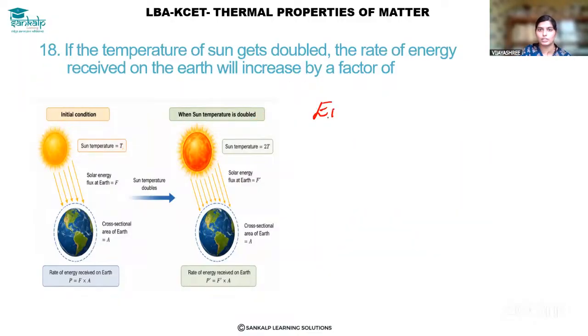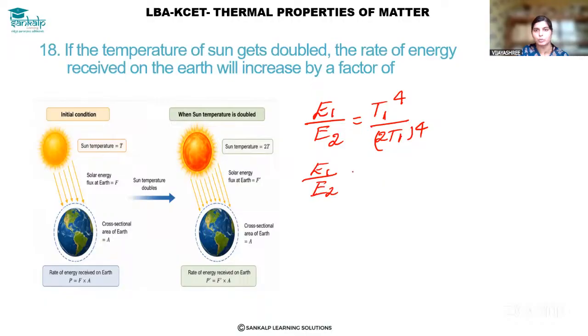Therefore, E1 divided by E2 is equal to T1 raised to 4 divided by 2 times T1 whole to the power 4. Right. Correct? So now it can be written as E1 divided by E2 is equal to T1 divided by 2 times T1 whole to the power 4.